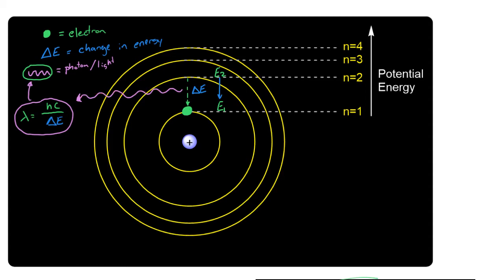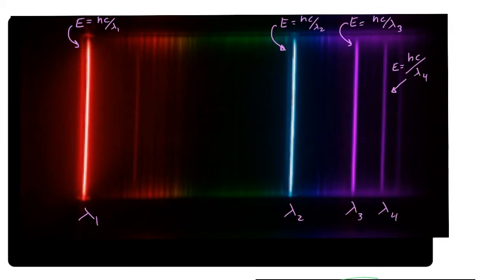So this photon has an energy, but what does that even mean? Well, to understand what that means, we have to remember that these different colors that we see in the line spectra each have different energies. And the energy of these colors is based on their wavelength. So it's kind of like saying wavelength and energy are one and the same thing.